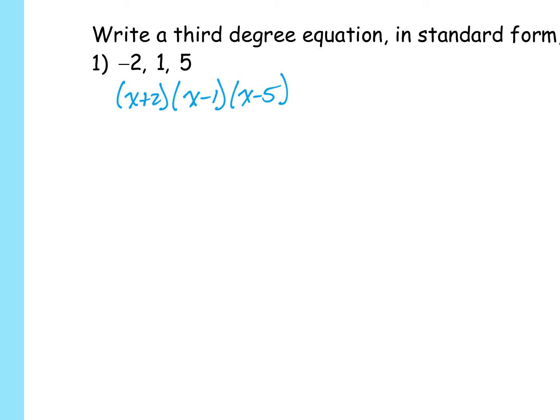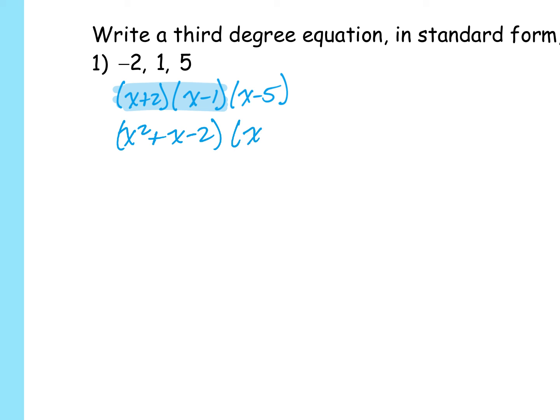So really the only way to multiply this out is to do 2 at a time. So I'm going to multiply the first 2 together first. As I multiply those together, I'm going to get x squared plus x minus 2.